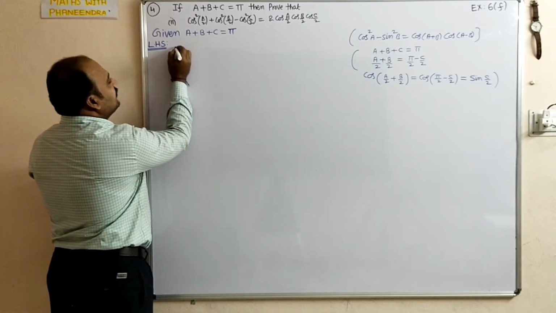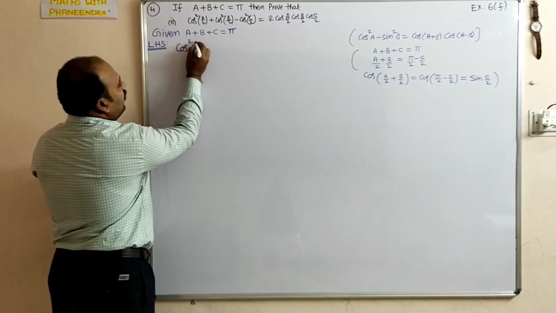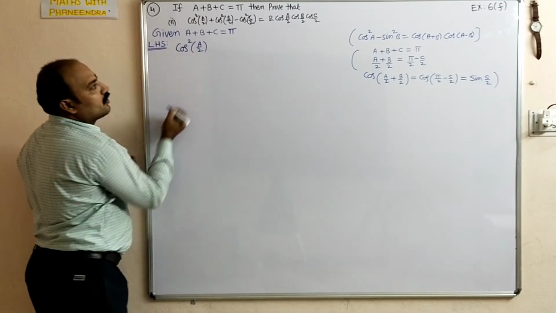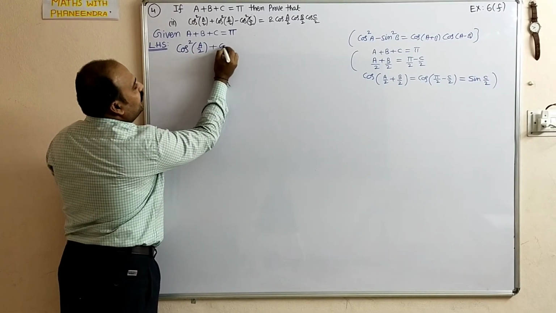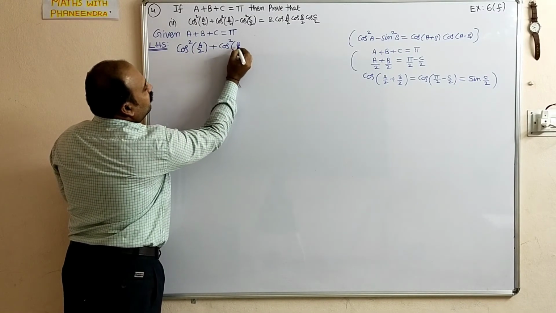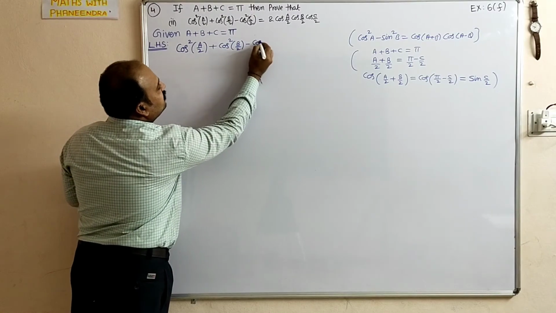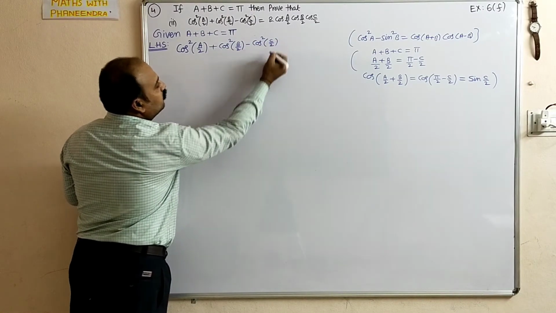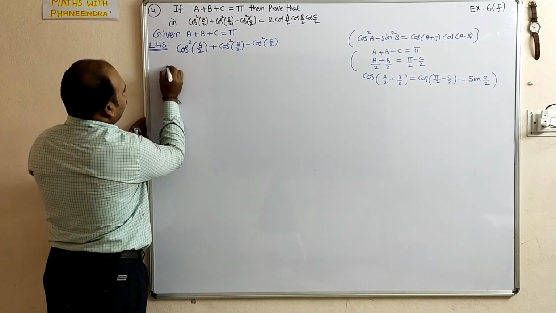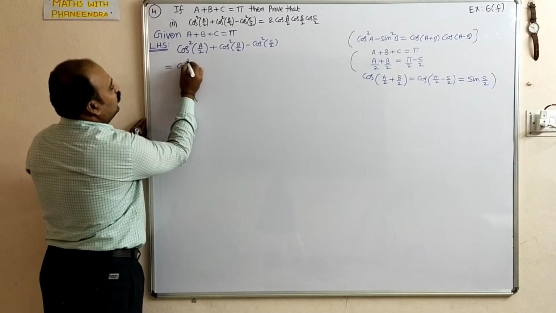Now consider LHS. Cos square A/2 plus cos square B/2 minus cos square C/2.